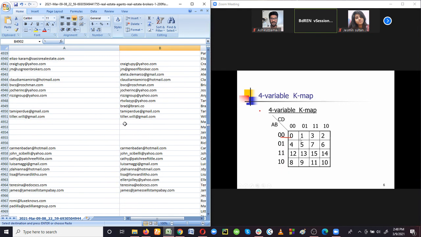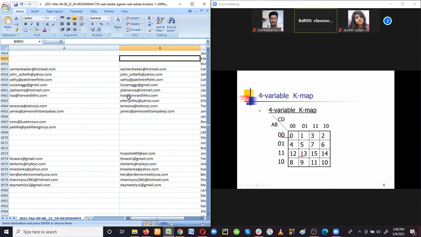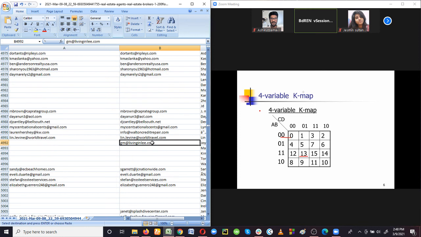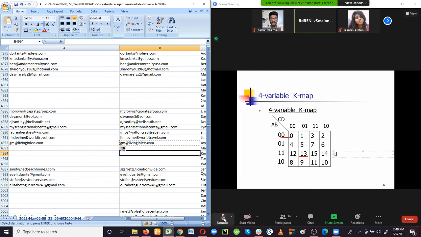Observe. So we are saying that we are finding the min term of 13. Okay. So what is the combination of this 13? Can anyone say? 1 1 0 1.